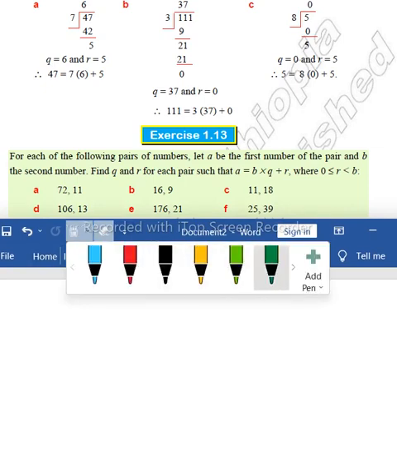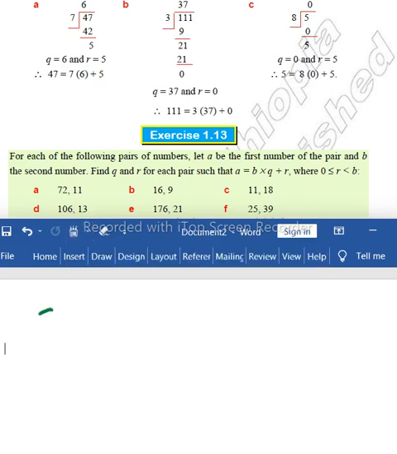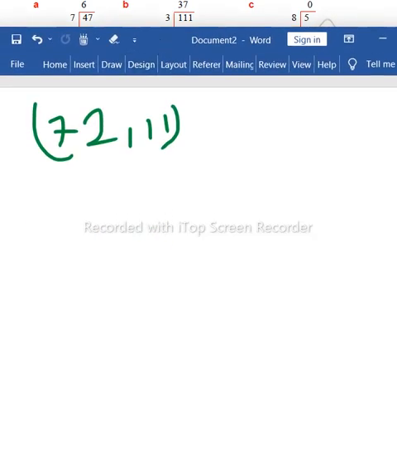Let us write the question first. The given numbers are 72, 11. We will divide 72 by 11. Here is A and this is B, and we can find Q and R from this equation.